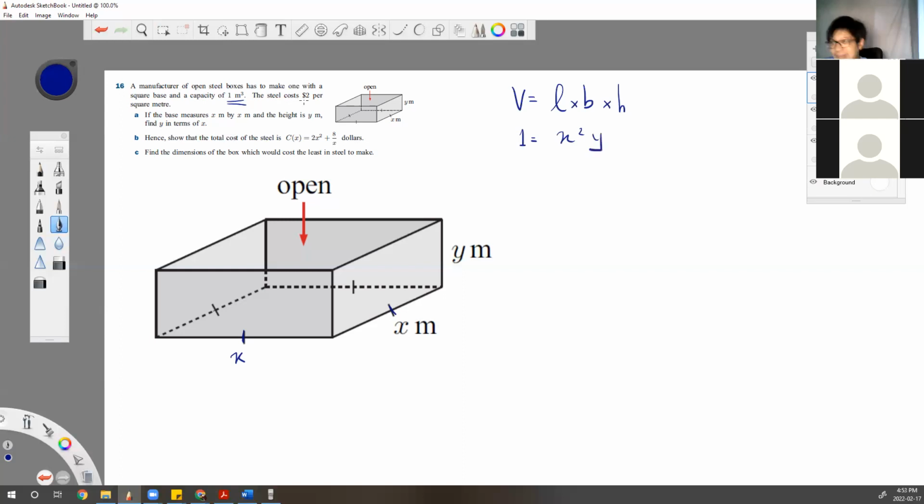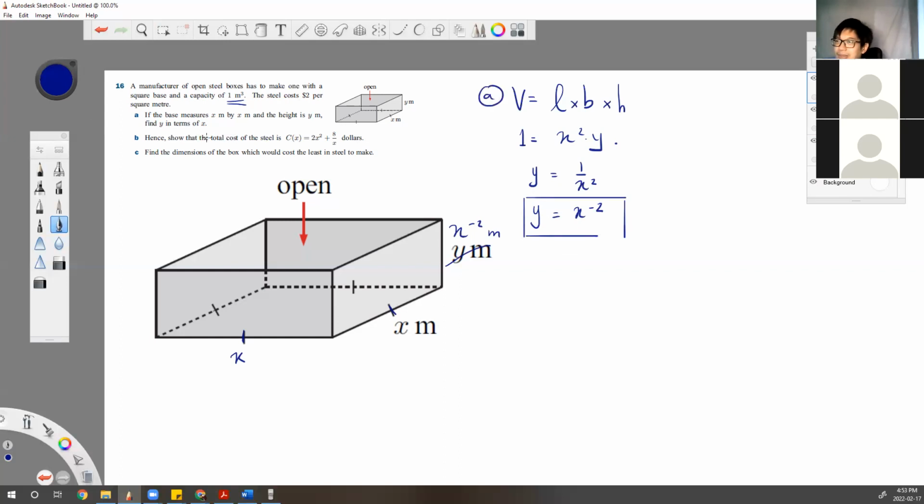But look at the next question. It's in terms of x, so you need to change the y, right? Y equals 1 over x squared. Can I just put this x to the left? So y equals 1 over x squared, or I can just write y equals x to the power negative 2. Okay, x to the power negative 2 is better, right? And then we find y in terms of x, done.